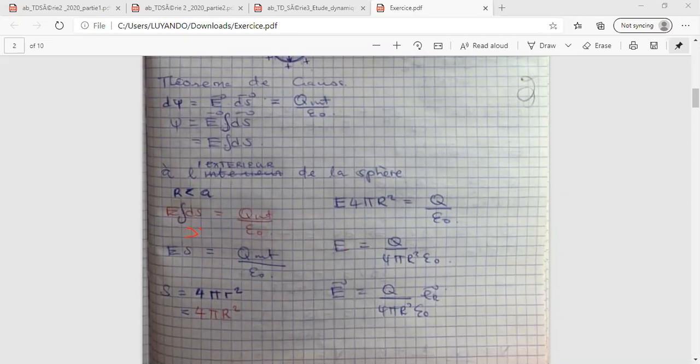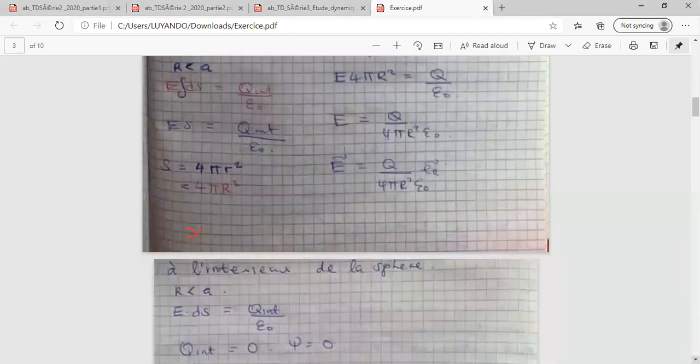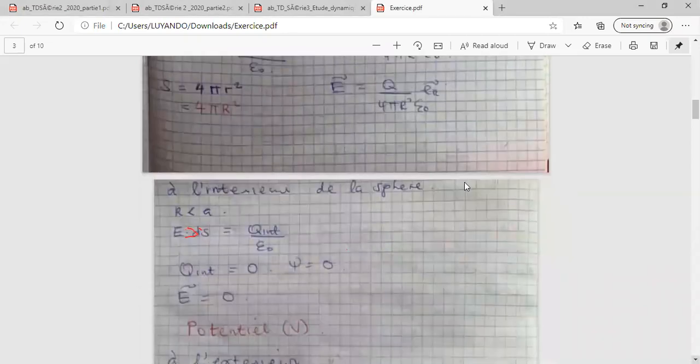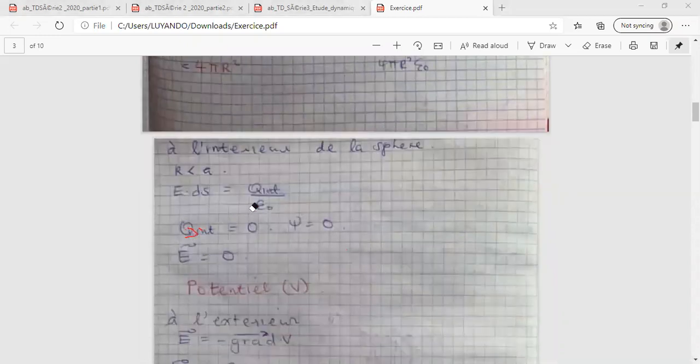And then when we're to calculate the champ à l'intérieur, we have something like this. Let me try to draw that again. So we have a sphere, and the charges are outside.